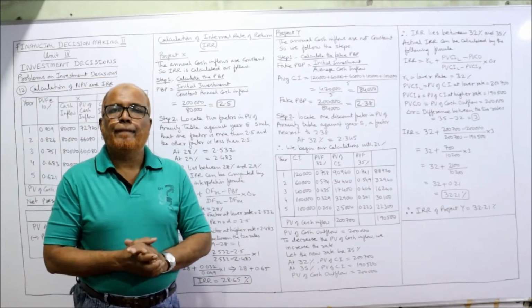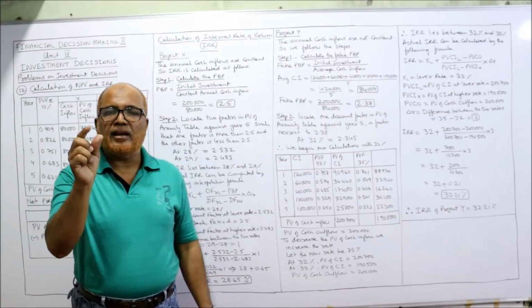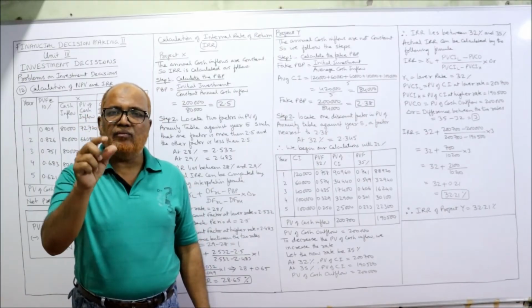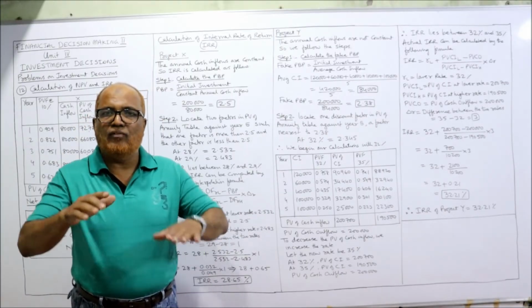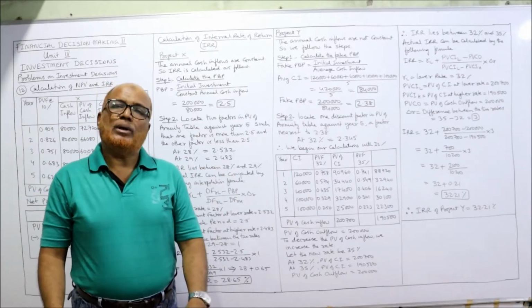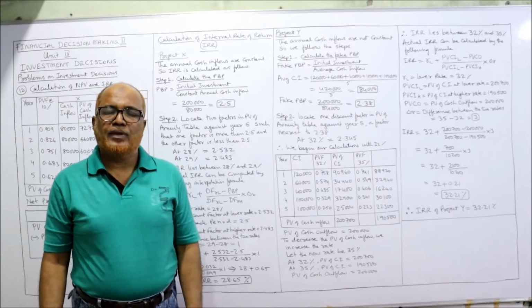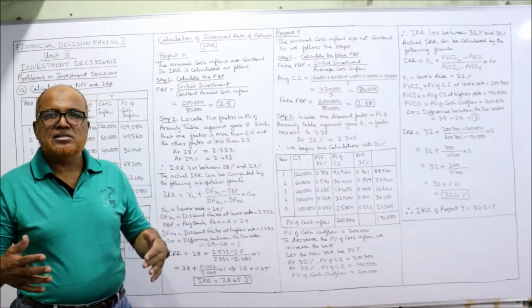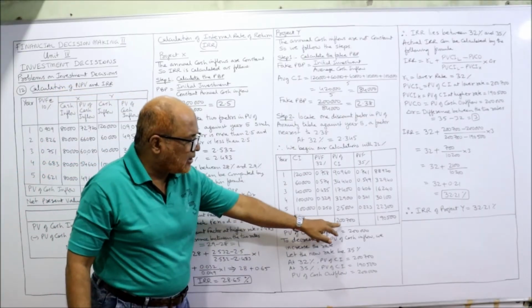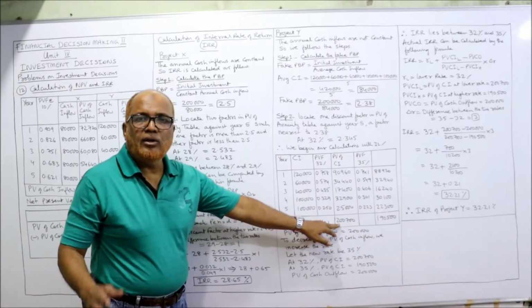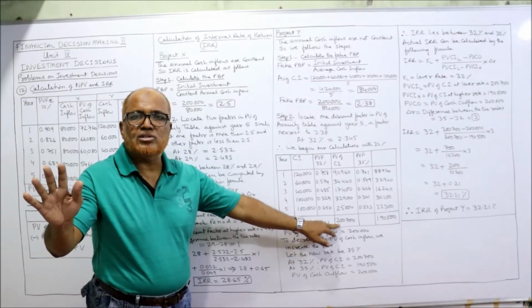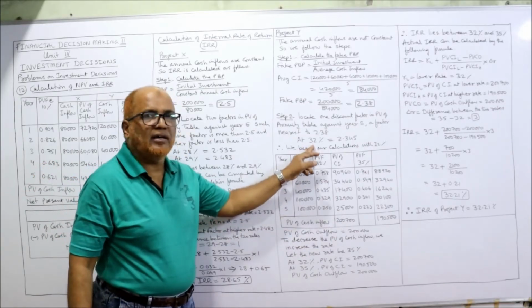According to the theory, IRR is that rate of discount at which the present value of cash inflow will be equal to the present value of cash outflow. Suppose if you had got 2 lakh rupees here also, then no need of any calculations. Directly we can say 32% is the IRR.